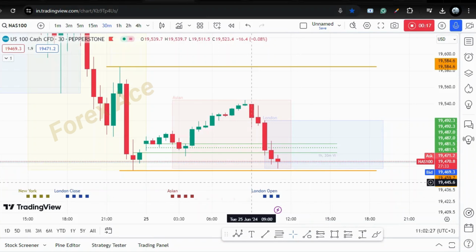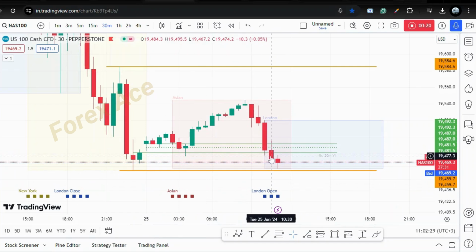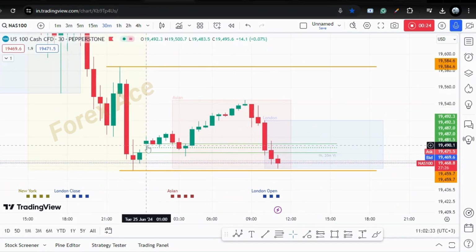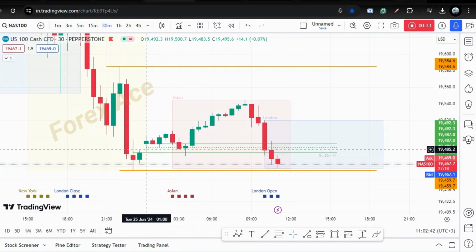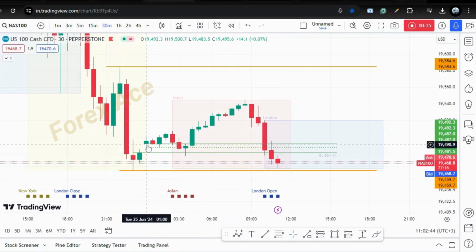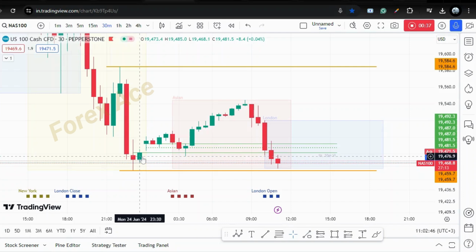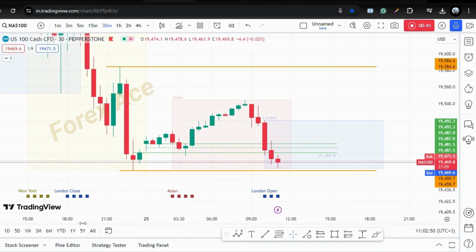Look at this. This is the volume imbalance. At the moment, it hasn't been respected by the 30 minutes time frame. We can see during the open, even the Asian open, this is at 1 p.m. The market closed there, and it opened. This is on Monday. Look down at this scale, it will show you the dates.